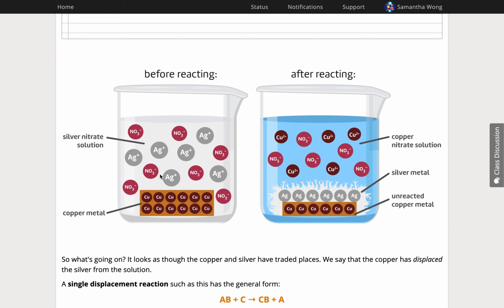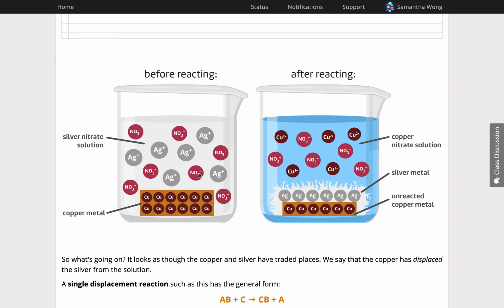We know that they're ions because they have a charge, the positives and the negatives. What we also have here is a piece of copper metal. We know it's copper metal and not a copper ion because it only has the letters. There is no charge to it. So it's just Cu as opposed to Cu plus or Cu minus.